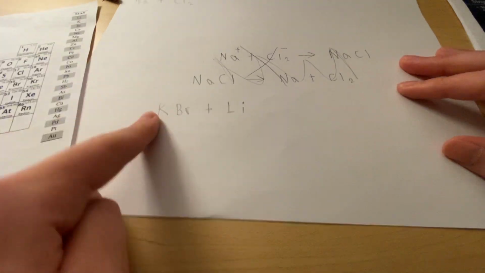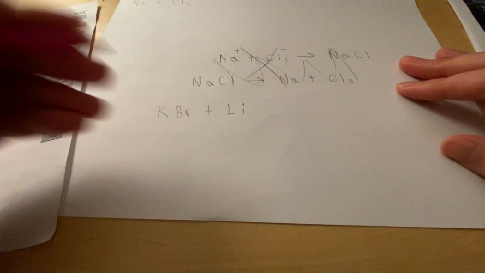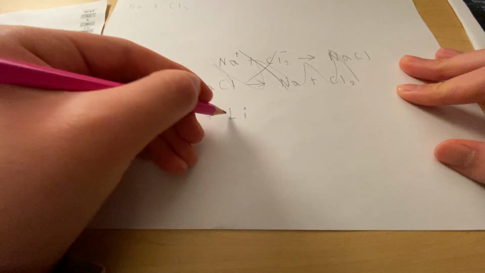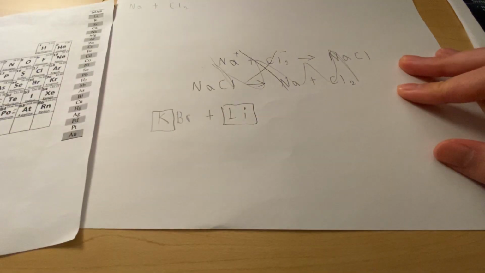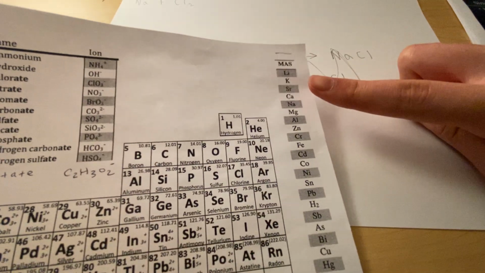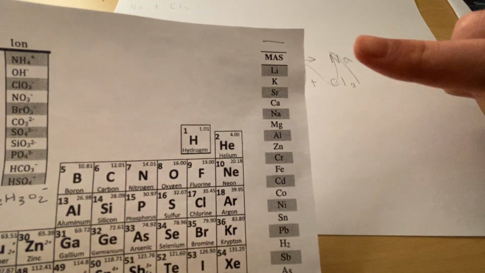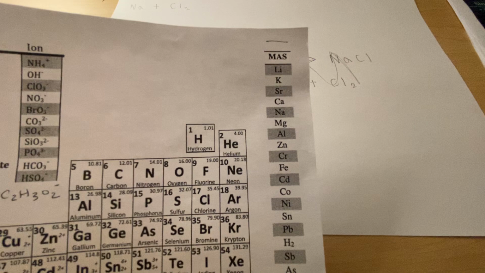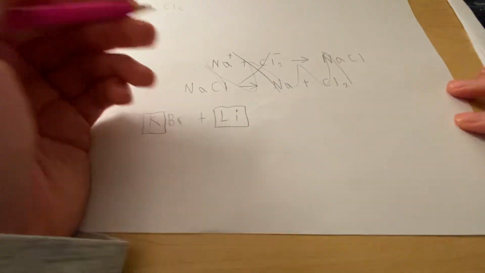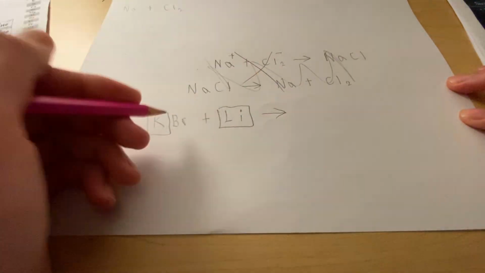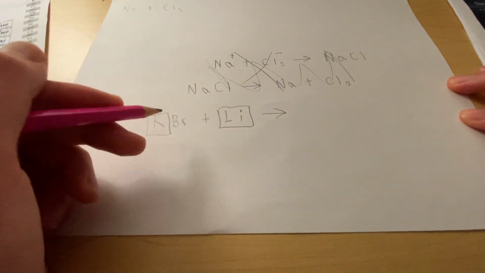So in this case, you have potassium. I'll circle it. The ones in the square are cations. Lithium, as you can see, is more reactive than potassium because it's higher on the metal activity series. So that means lithium's going to win bromine over.